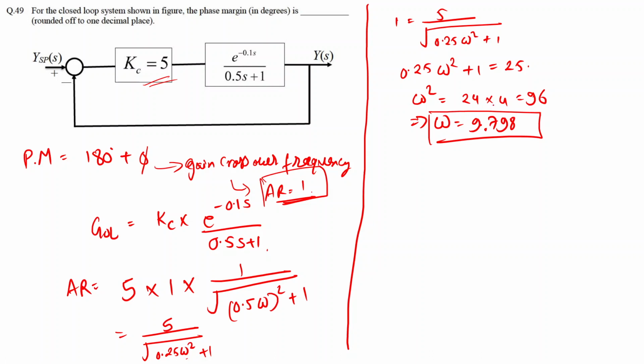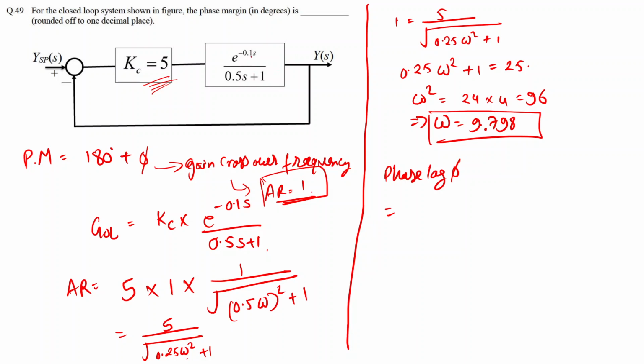Now we can find the phase lag, that is phi. So it will be equal to, for the gain it will be simply 0, and for the other two terms, for e raised to minus 0.1 s, it will be simply minus omega tau, and we need to convert it into degrees.